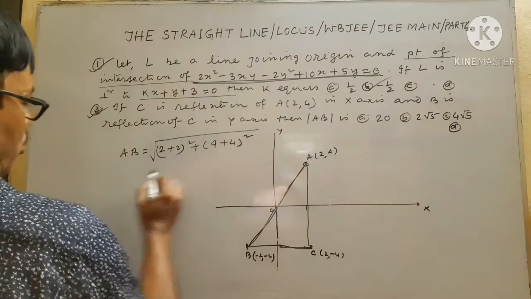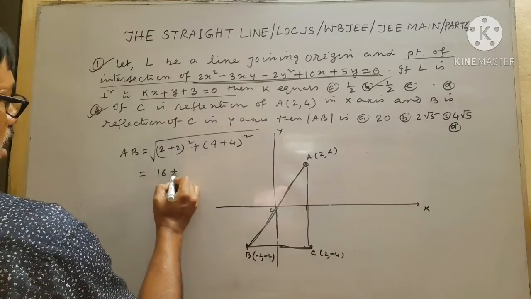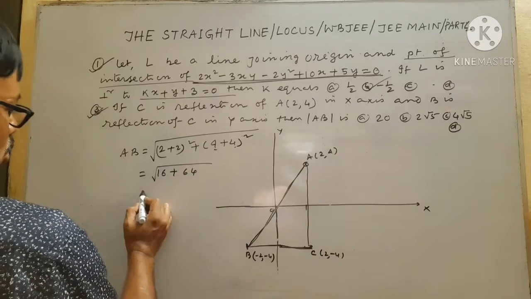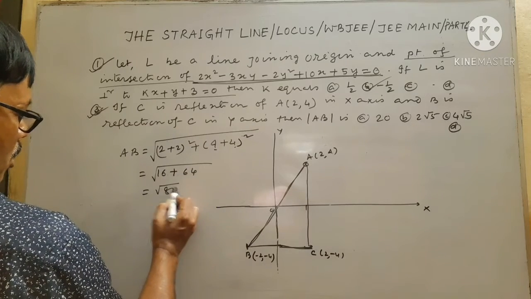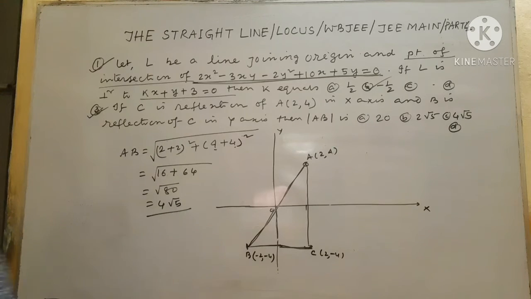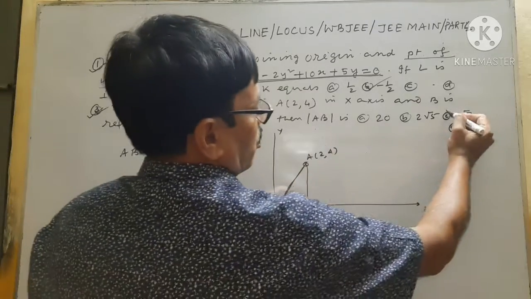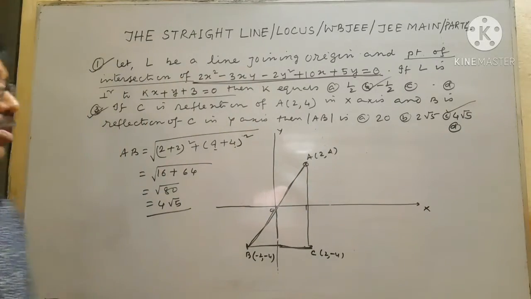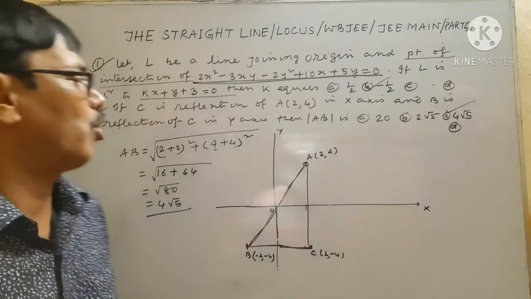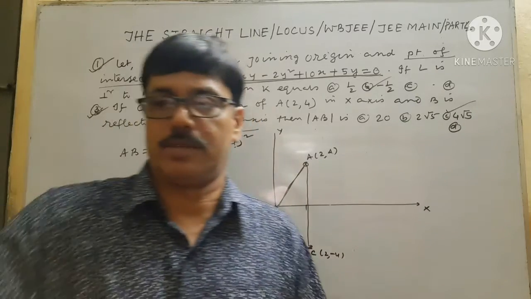So 16 and 64, so root over 80. So 4 root 5. So mod AB is 4 root 5. So this is a very simple problem of 1 mark.